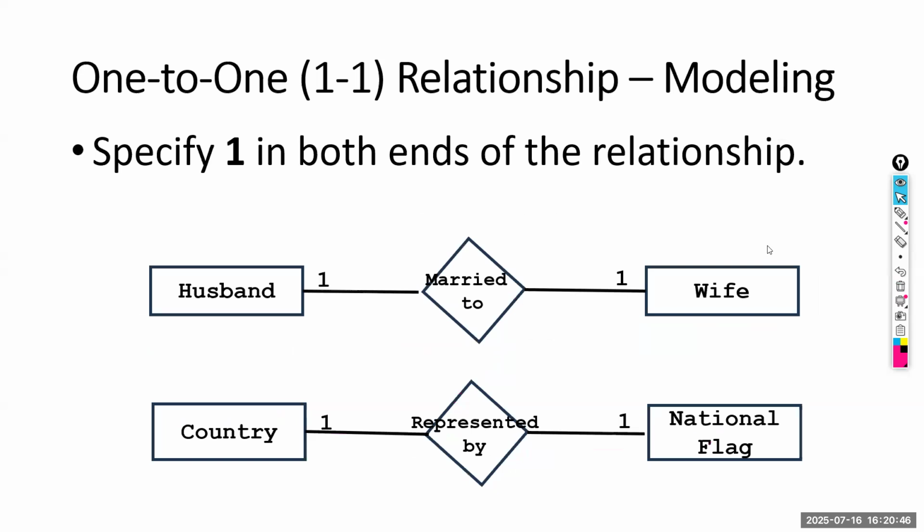Husband and wife is another one-to-one relationship, because otherwise it's illegal. Of course, in certain religions, sometimes it is allowed, but very rarely practiced. But in general, legally, one person can be married to only one person.